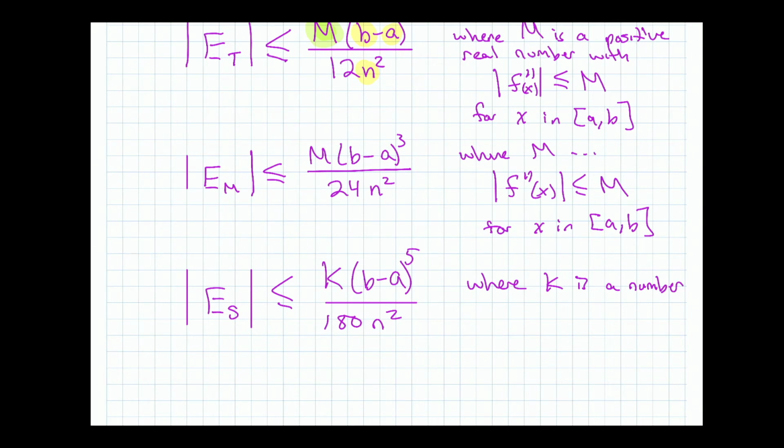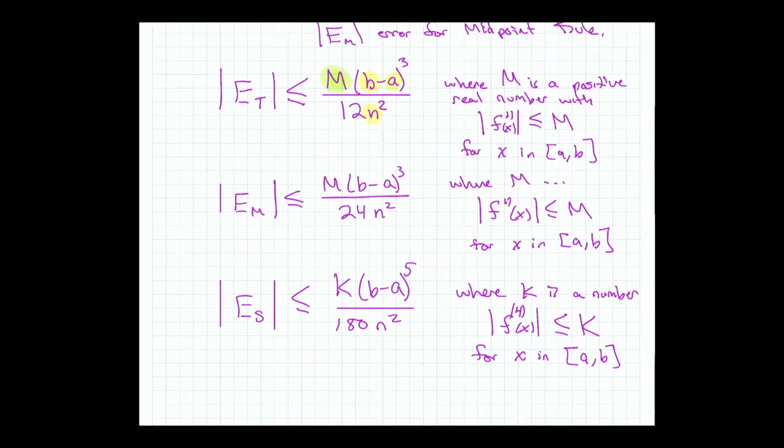I'm not going to write positive real number. That's obvious from the way this is set up. Not the second derivative. Fourth derivative has to be less than K for x in AB. All right? So those are your formulas.